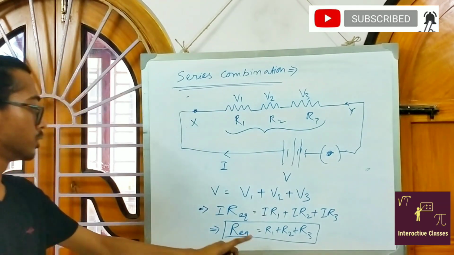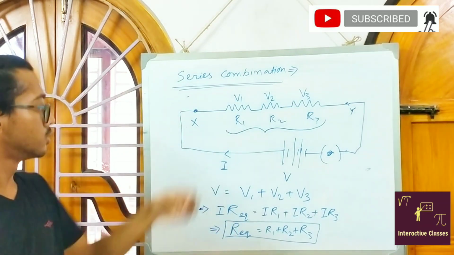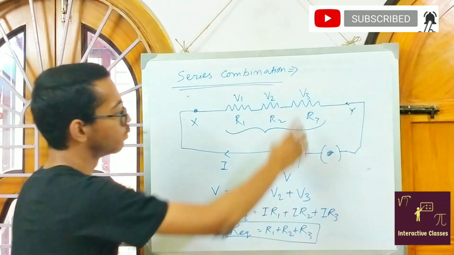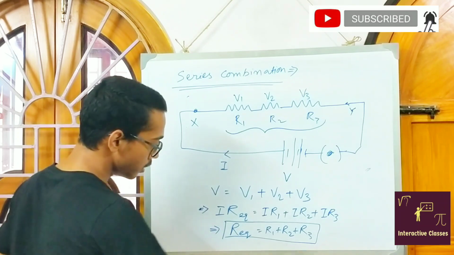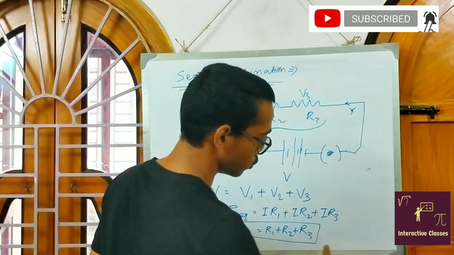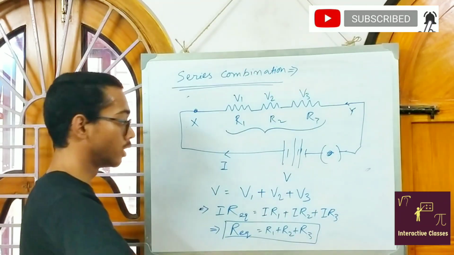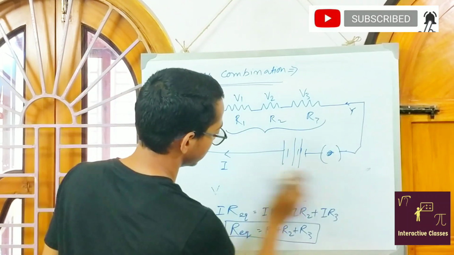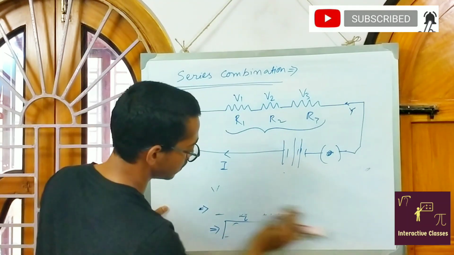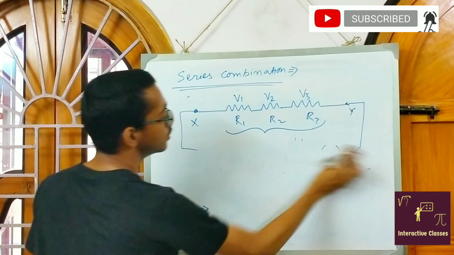So this is the expression for the equivalent resistance in a series combination. If there are more resistances, it will just be addition: R1 plus R2 plus R3 plus R4 and so on.